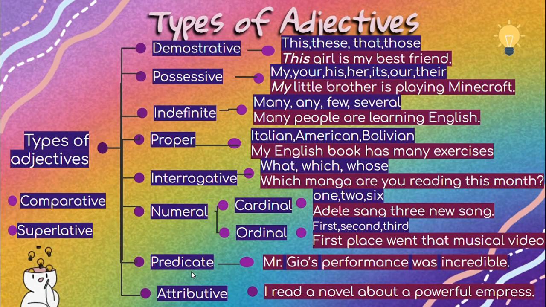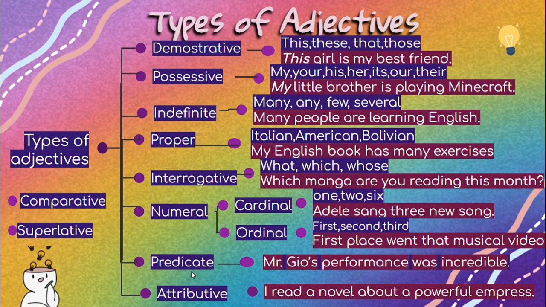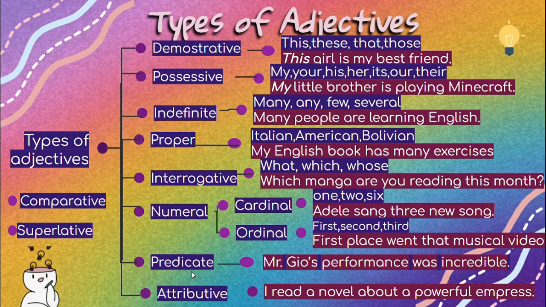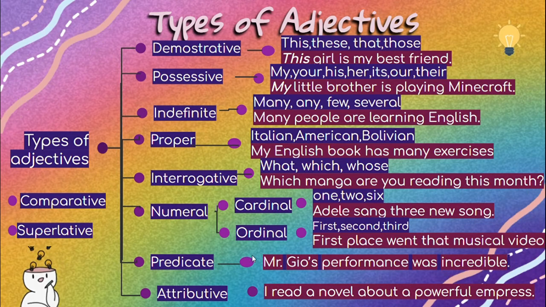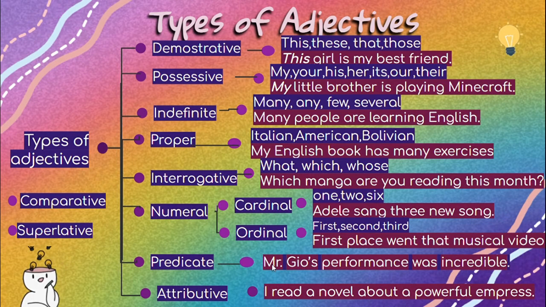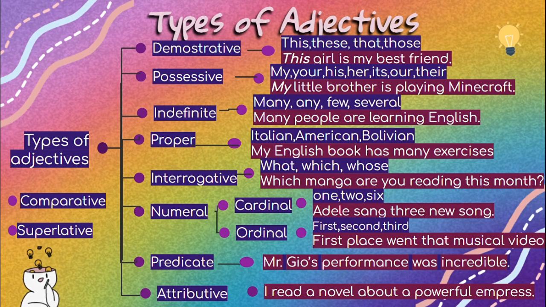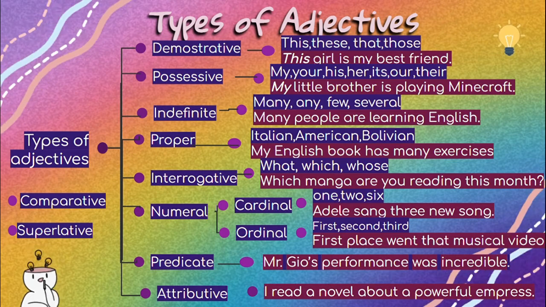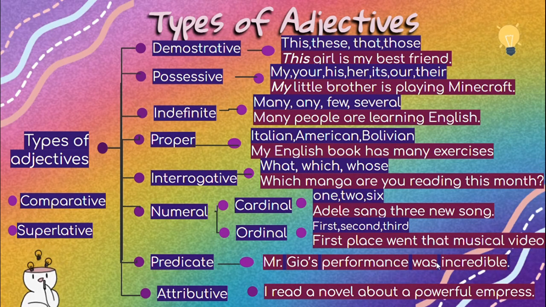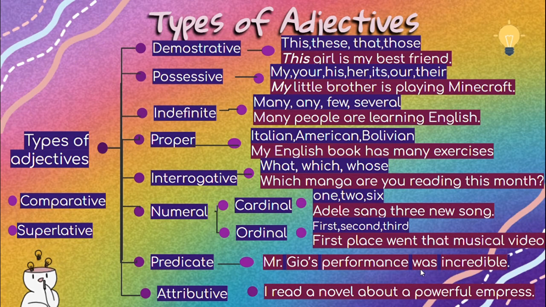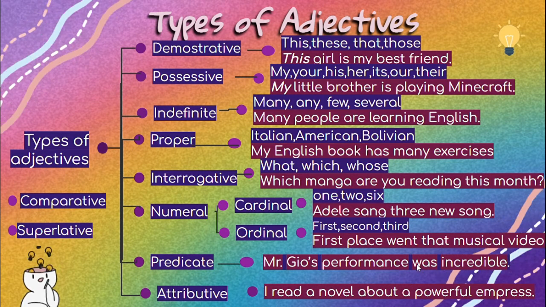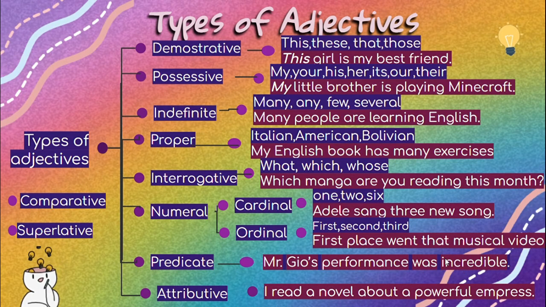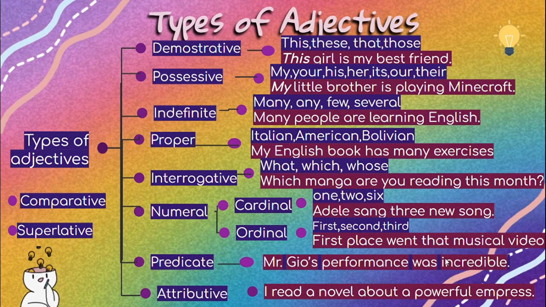Predicate adjectives. As I mentioned, these predicate adjectives have the function of a complement after a linking verb. For example, Mr. Gio's performance was incredible.